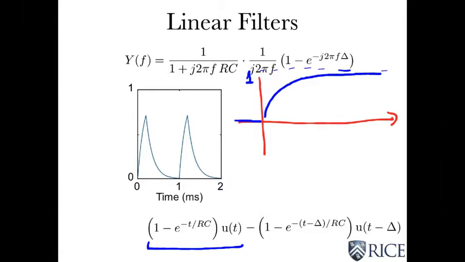The second term here, u of t minus delta. Notice everything here is delayed by delta, so this doesn't start until delta, and it's going to be the negative of what we have over here. Okay? So at delta, you get the same thing, headed toward minus 1.